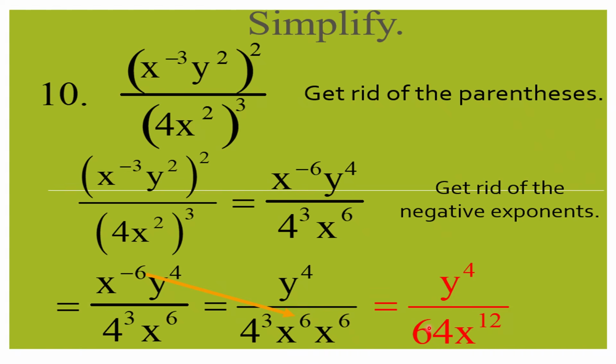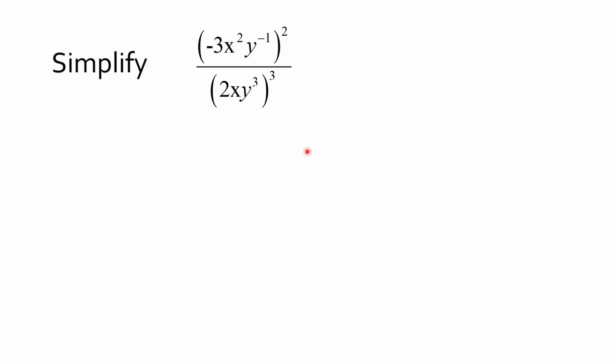Then we have y to the fourth over 64x to the 12, because we just add 6 plus 6. Okay? 6 plus 6 is 12. Now let's simplify this.